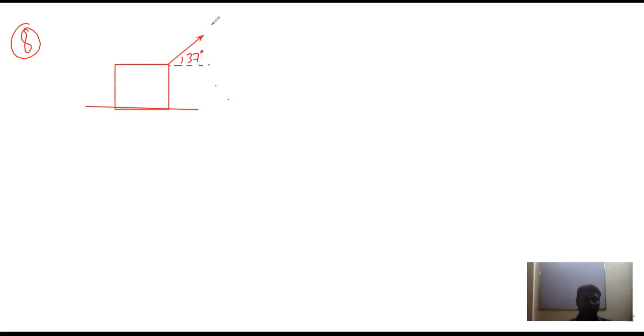The applied force is 40 Newton. Its horizontal component and vertical component we can find. So 40 cos 37, which is 40 into, what will be the value? Cos 37 we can calculate, it is 4 by 5, so this will be 32.